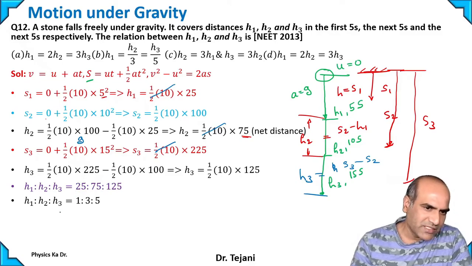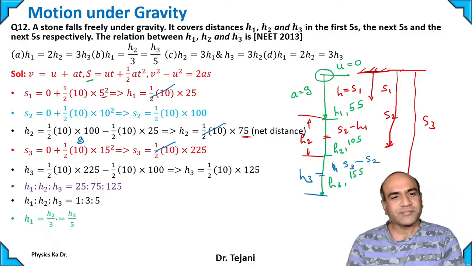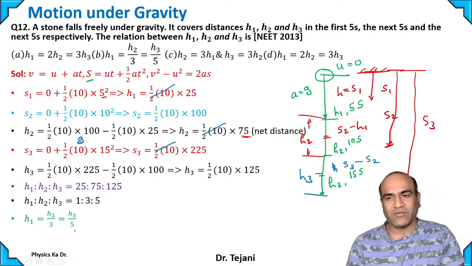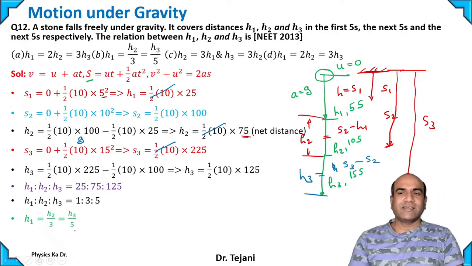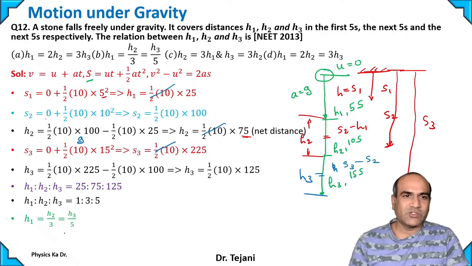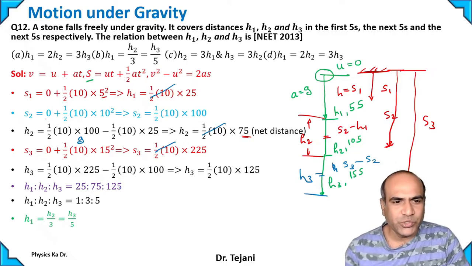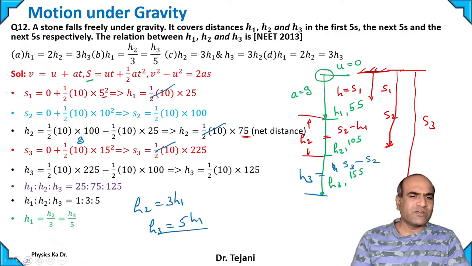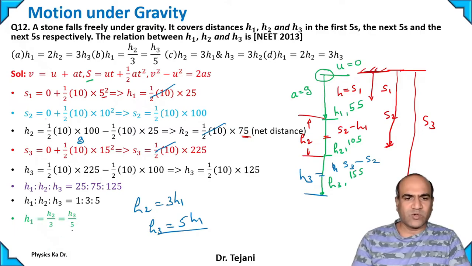Ultimately we can write h1, h2 by 3, h3 by 5. So this is the ratio of distances covered. So h2 is equal to 3 times h1 and h3 is equal to 5 times h1, right? You can cross verify also by using this kind of formula.